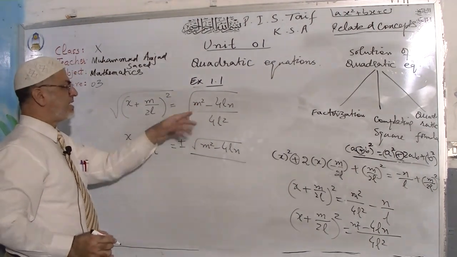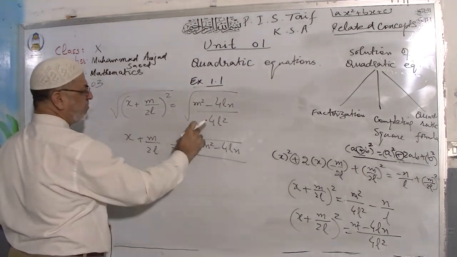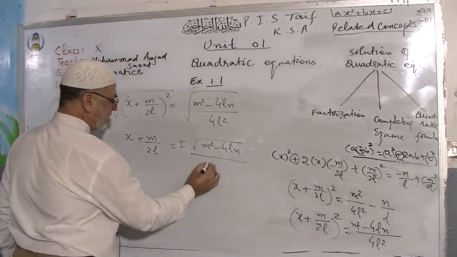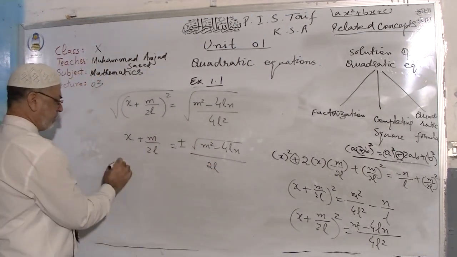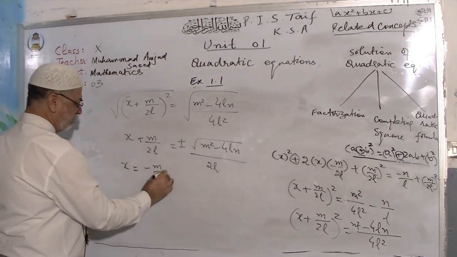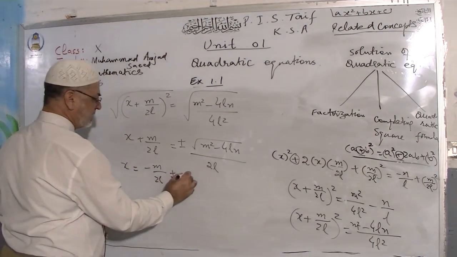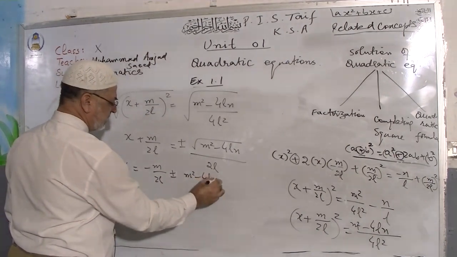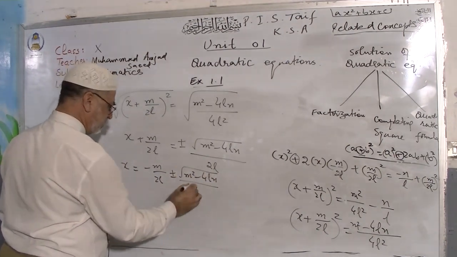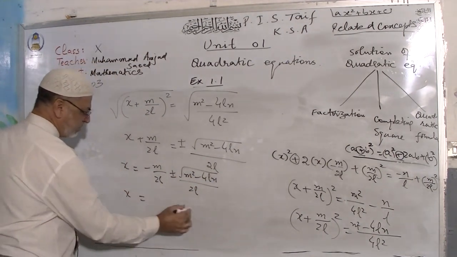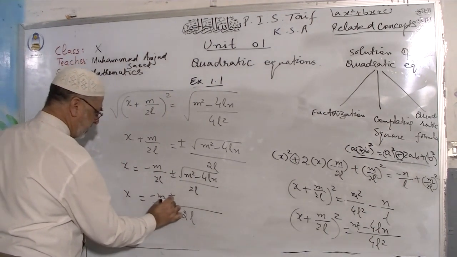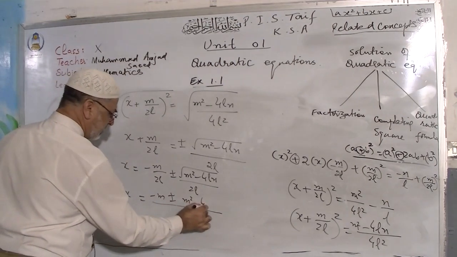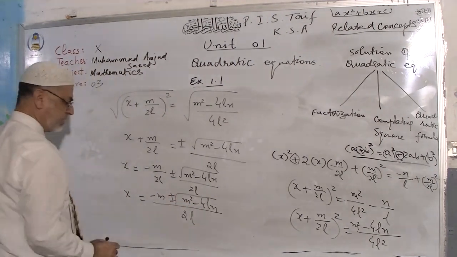Square root cannot be separated here because of the negative sign, but 4l square can be written as 2l outside the square root sign. Bring this term to the right hand side: x is equal to minus m over 2l plus minus m square minus 4ln under root over 2l. Taking 2l as LCM, x is equal to minus m plus minus root of m square minus 4ln.